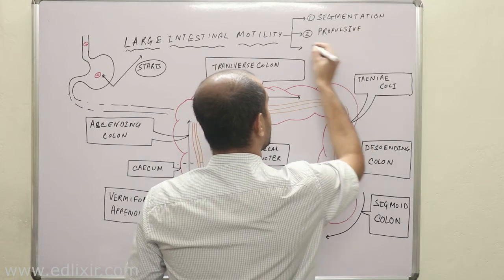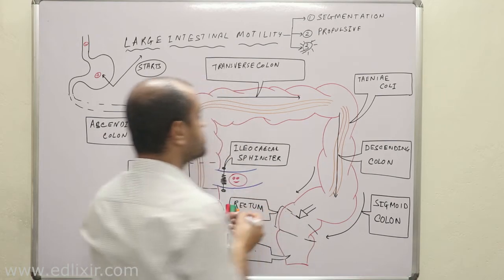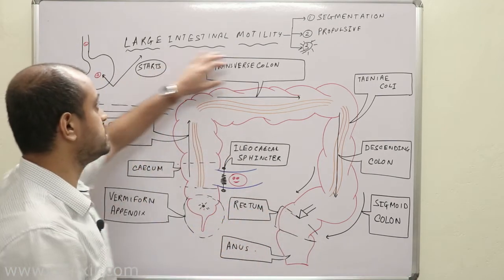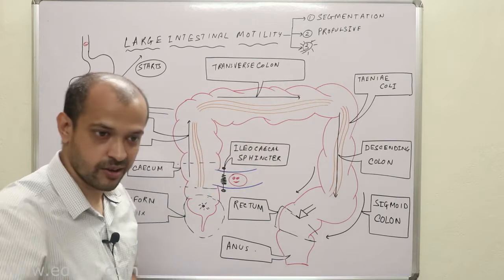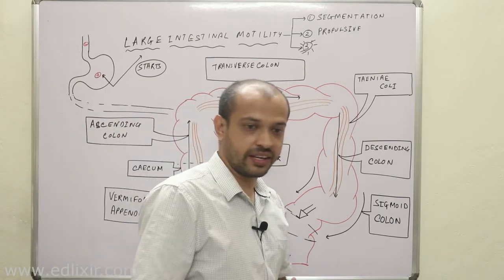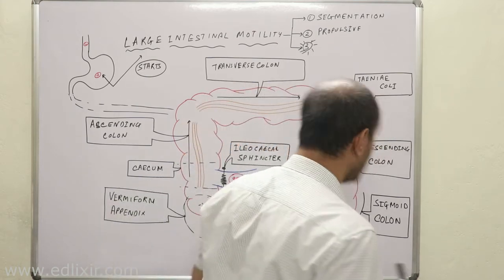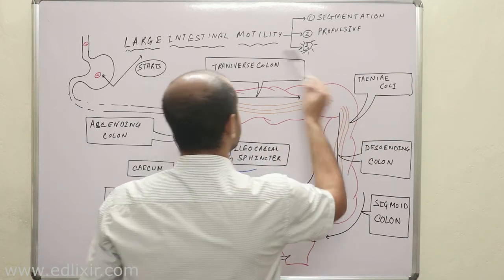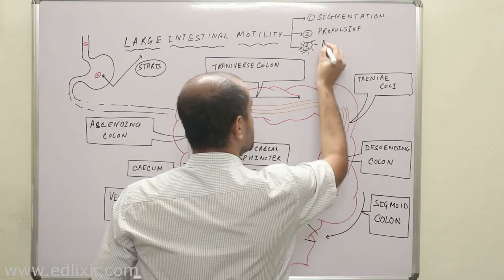Now the third one is unique to large intestine. In small intestinal motility, there were two movements, segmentation and propulsive, and in absence of food, there is the migrating myoelectric complex, which provides slow waves. In large intestinal motility, there is a third type of movement which is called mass movement.